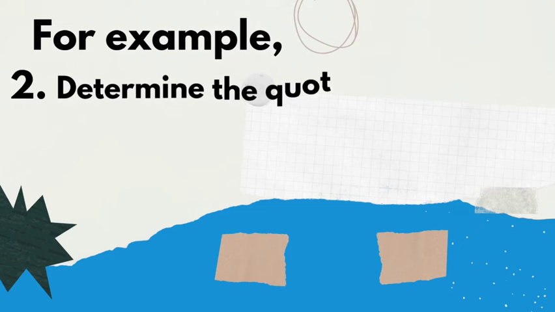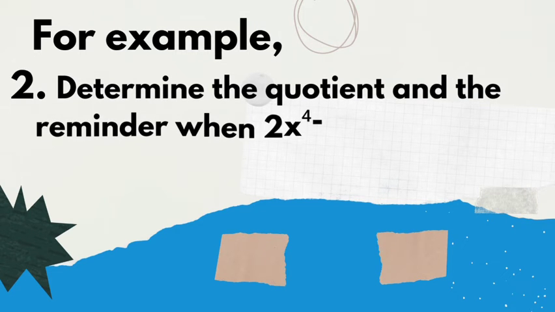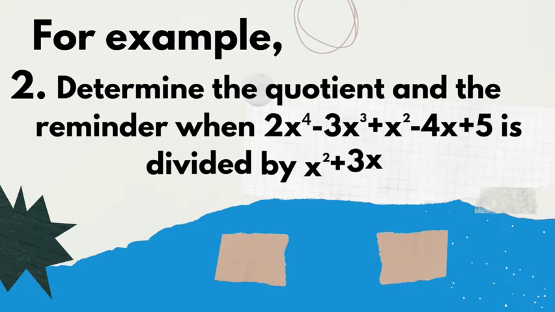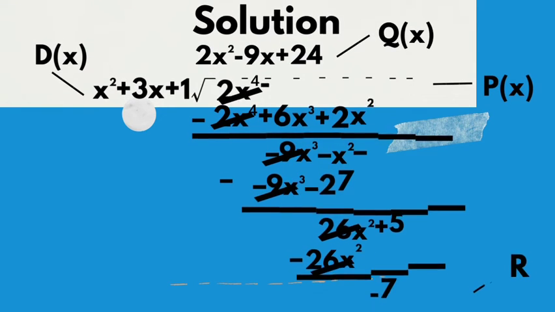For example, determine the quotient and the remainder when 2x raised power 4 minus 3x raised power 3 plus x squared minus 4x plus 5 is divided by x squared plus 3x plus 1. Solution.